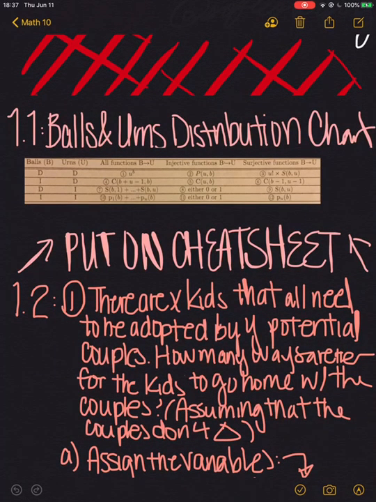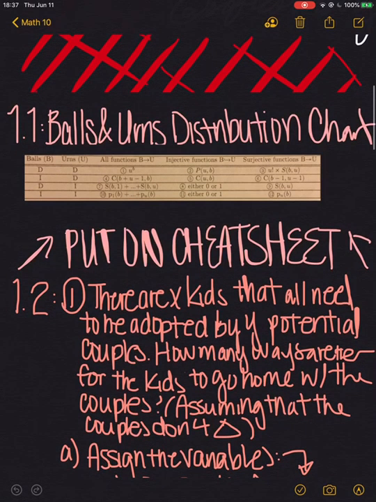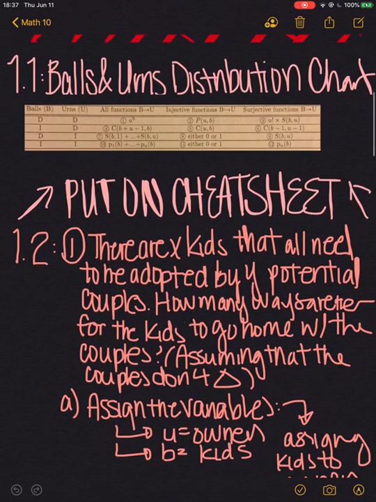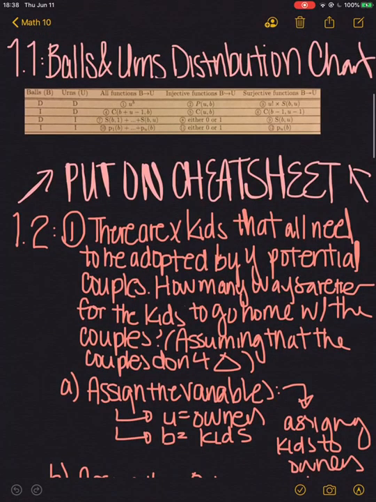I know it's hard to determine which ones are balls and urns, especially because not all variables are balls and urns, but an easier way of categorizing would be to figure out which variable is assigned to which. In this case, the kids are being assigned to the parents, so the parents in this question would be the urns and the kids would be the balls. We did it right. As I said, the variables assigned would be the balls, and the accepting would be the urns, if that makes sense.